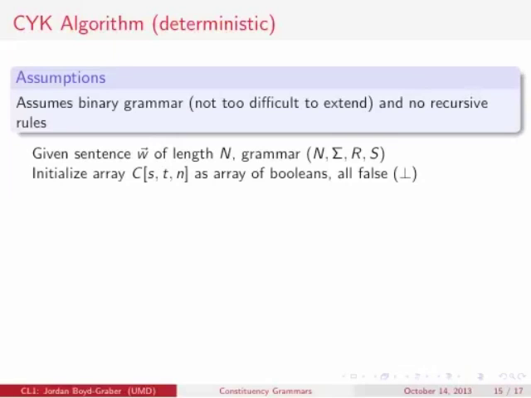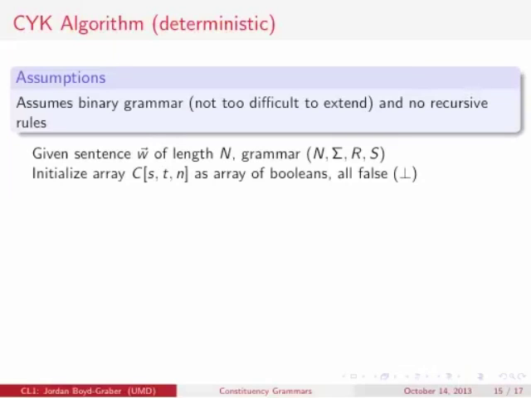That is to say that a priori, no possible span is grammatical. And this array has three parameters. You have the start of a span, you have the end of the span, and then you have a non-terminal. This is saying, for the span starting at S, ending at T, is there a non-terminal that explains the yield in this span?